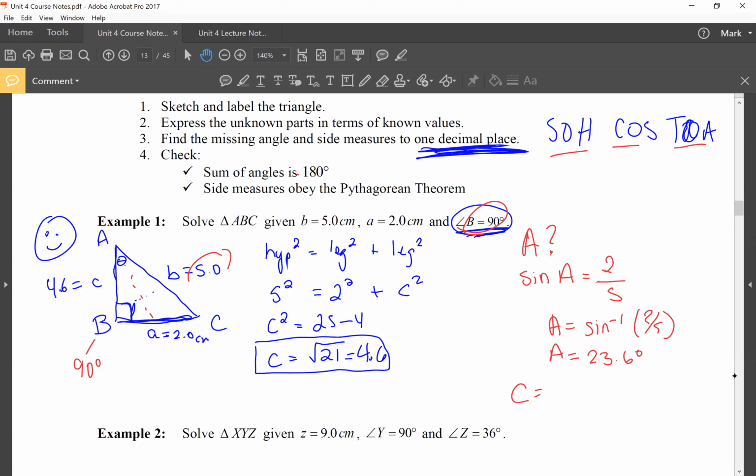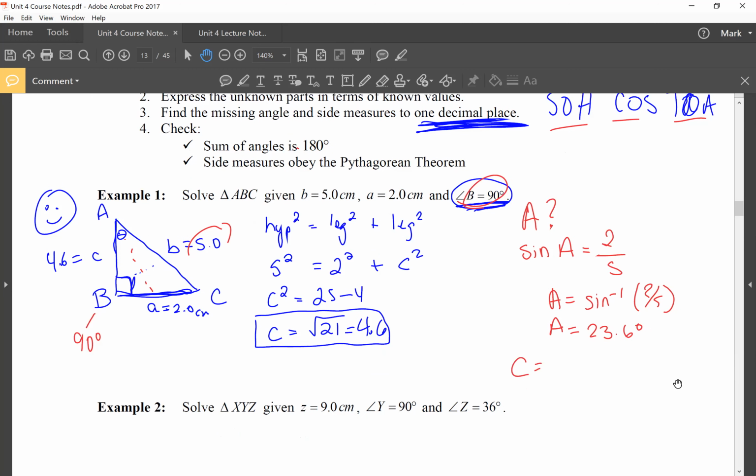I'm going to show you two quick ways to find angle C. We can find angle C by using, again, sine. Oops, sorry, I meant to put a question mark here. So sine C is going to be the opposite of C, which is 4.6, divided by the hypotenuse, which is 5.